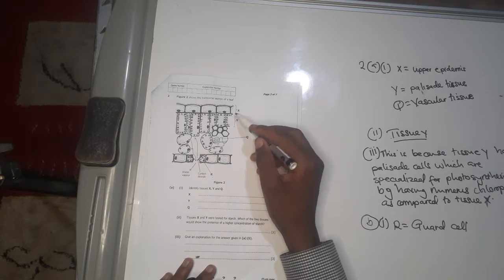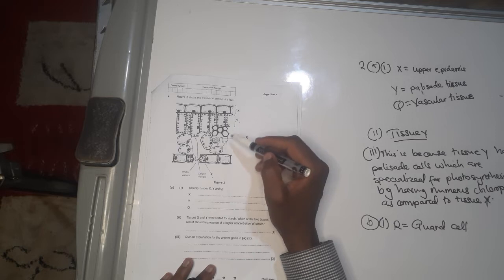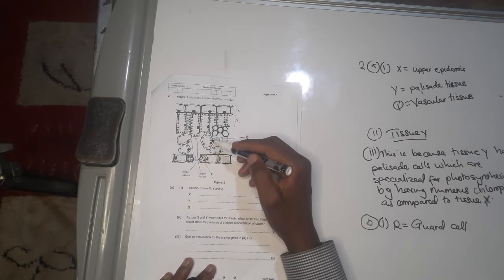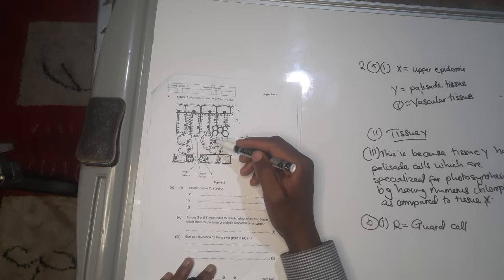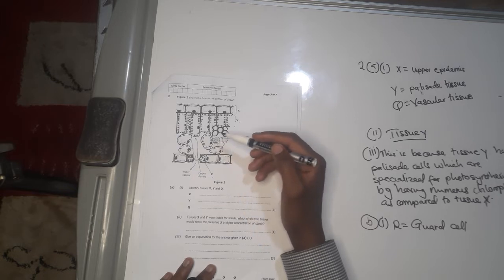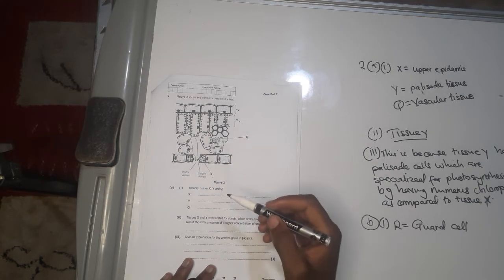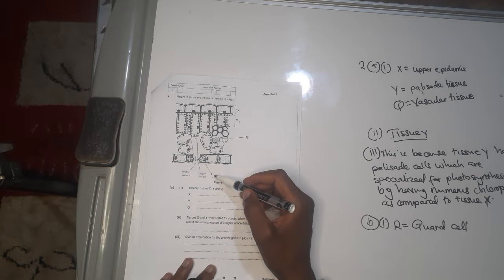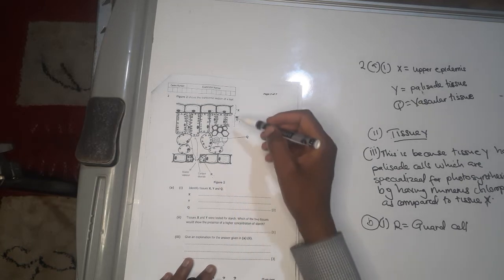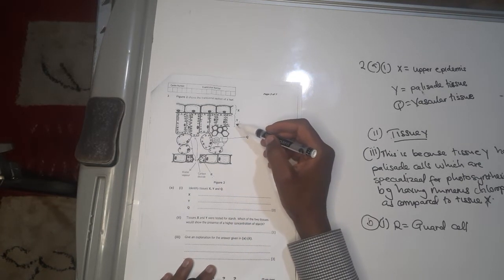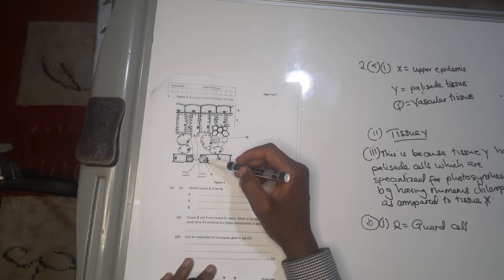Talk about the cells found in tissue X and the cells found in tissue Y, they also have the cell wall. Now, since we're talking about the one which enables it to carry out its function, the question is specific. They're saying which feature is common to cell R and X and Y, which enables it to carry out its function.